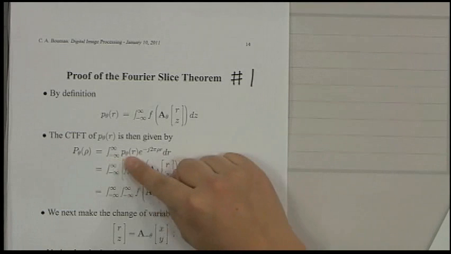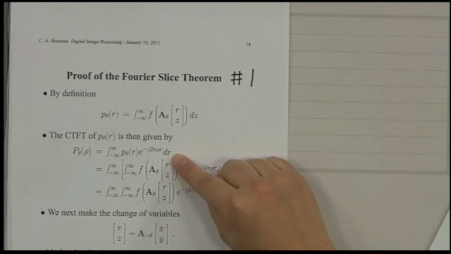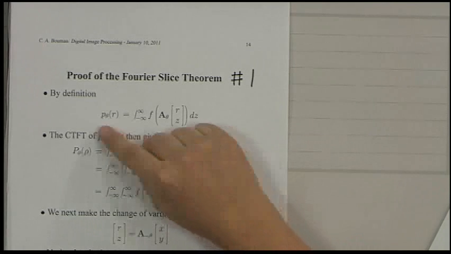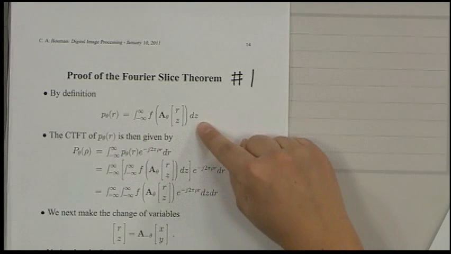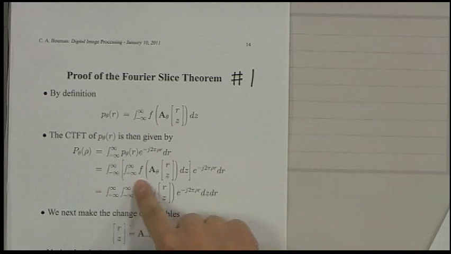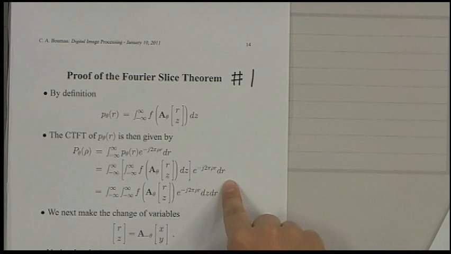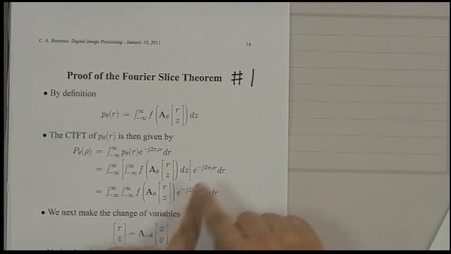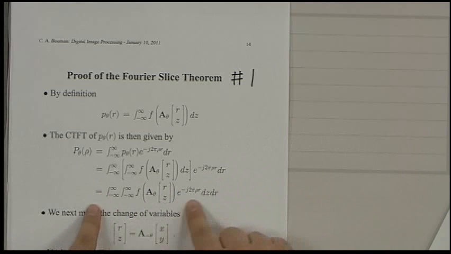This line is just applying the definition of the CTFT. Then we plug in this equation to here, and we get this equation. And then from here, we swap the order of the terms, and we get this equation.